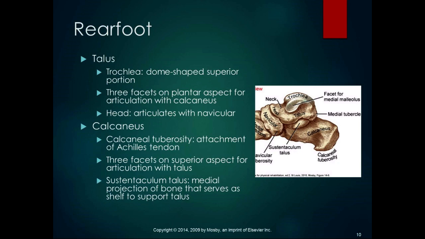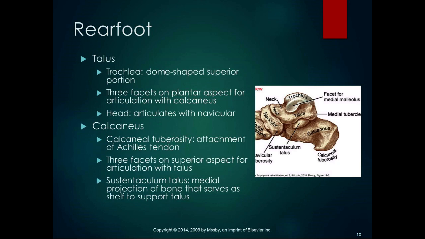So, in a practical exam on a bony landmark, if one of the numbers is on the superior dome-shaped portion of the talus, I don't just want you to write talus, I want you to say that is the trochlea of the talus, because it's bony landmarks, not bones.